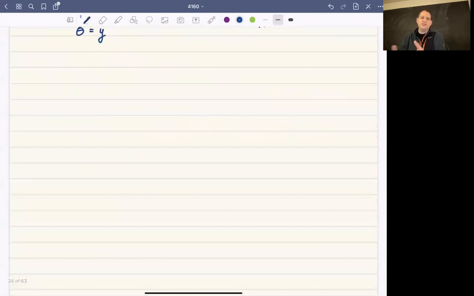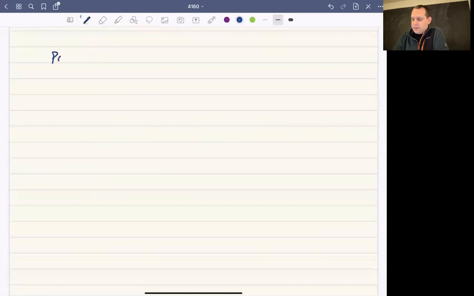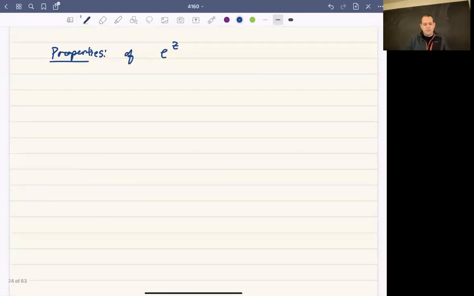But again, this is actually a story that we've seen already in this class, just dressed up a little bit. So what I want to do is justify some properties of e to the z. Okay, and so let's talk about some of these properties here. And there's some intricacies to be sure.